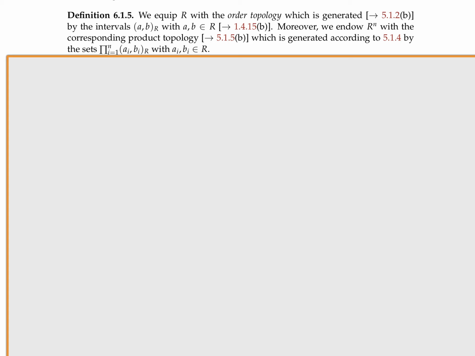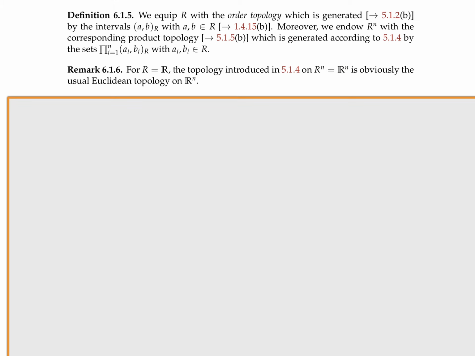Or since there is too much hyper, maybe people would just say cuboid. So if R is the real numbers, the topology introduced on R to the n is obviously the usual Euclidean topology on R to the n. Well, maybe you would introduce the usual Euclidean topology using open balls instead of such open cuboids.